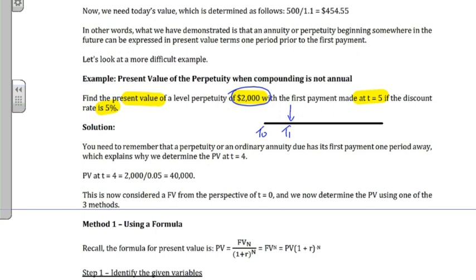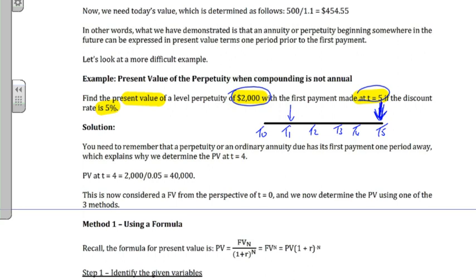Everyone comfortable with that? This question says the first payment is made when? Time period 5. So let's go time period 2, 3, 4, and 5. Now, if the first payment is made there, when did I pay? Okay, that's the big question. When did this annuity kick in?